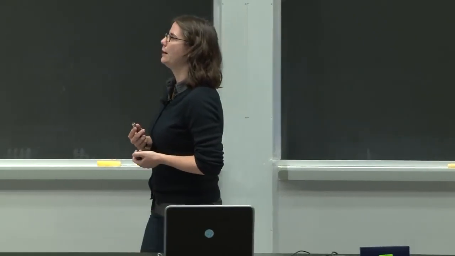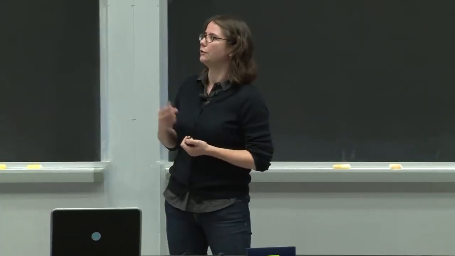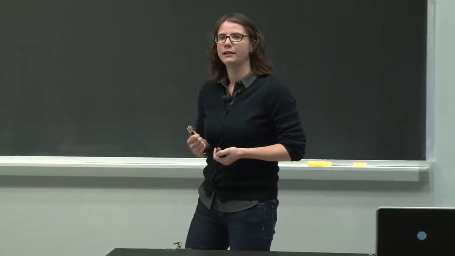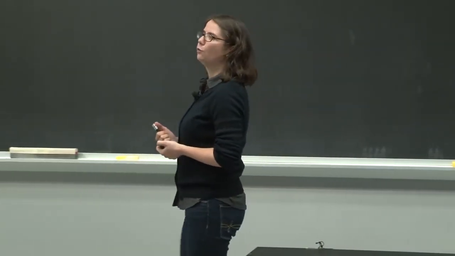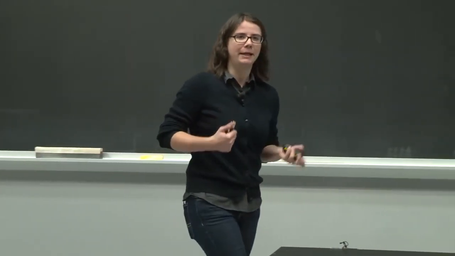Recall that in the last lecture, we talked about writing code from two different perspectives. The first was from someone who wanted to implement a class. Implementing the class meant defining your own object type. You defined the object type when you defined the class. Then you decided what data attributes you wanted to define your object. So what data makes up the object?